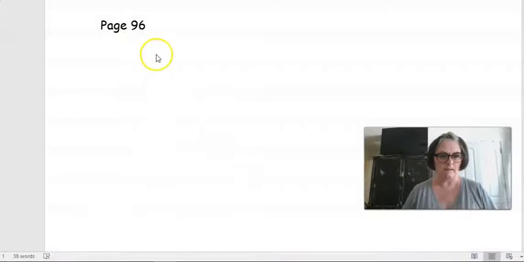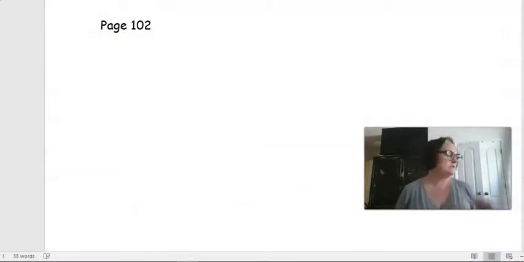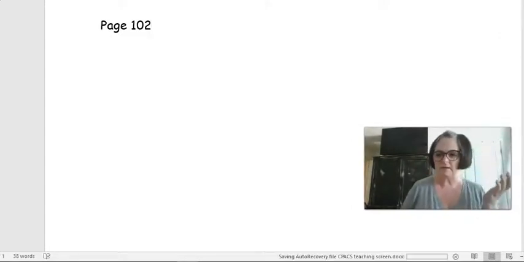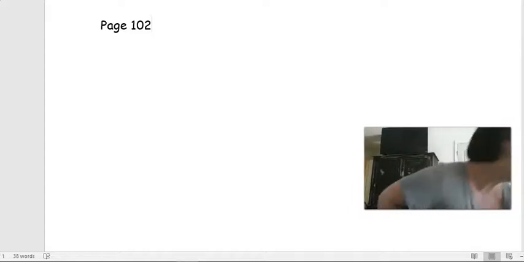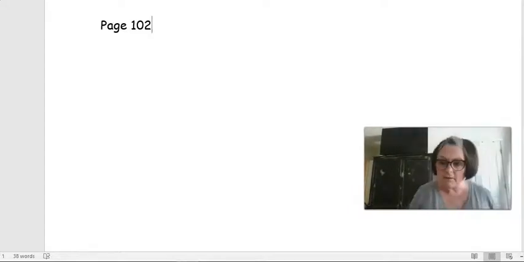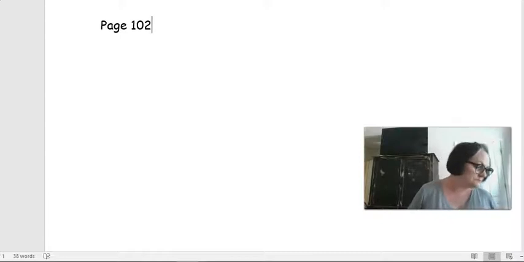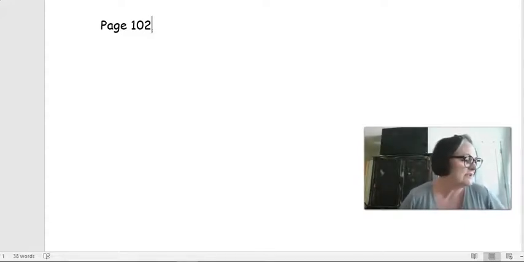Okay, so now that we've reviewed that a little bit, let's look on page 102 of your student book. There's a picture at the top of the page. Who's in the picture? We see Marco again, right? And we see a lady, and we see the person in the wheelchair.